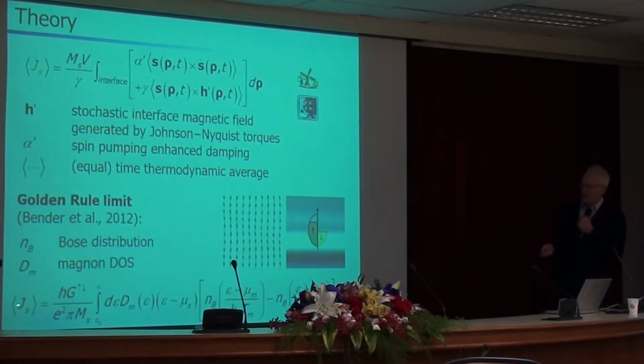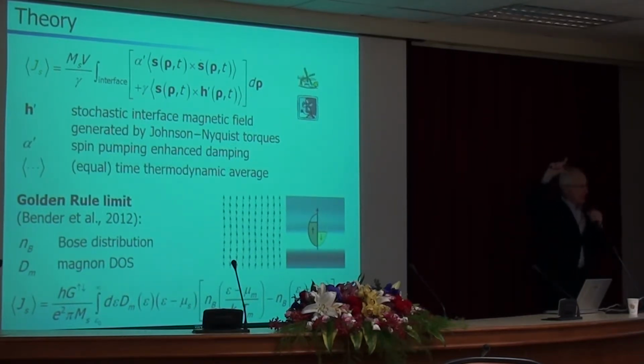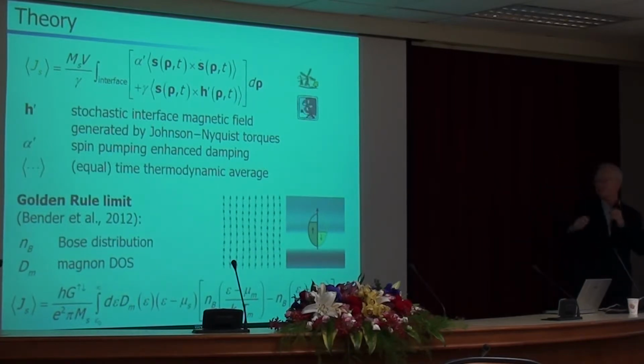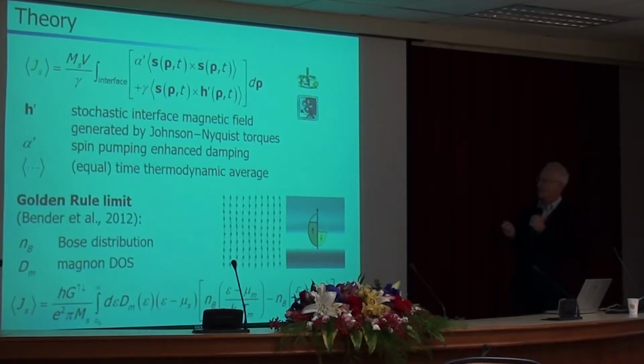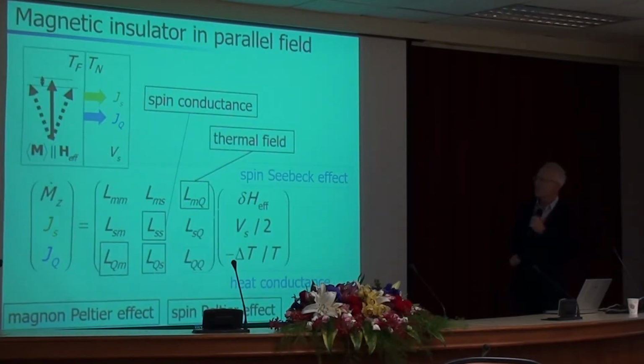Now this one here is the spin current, the same spin current as here, and it is governed by the density of states of the magnons and the difference of the distribution functions of the magnons on one side and the spin polarized electron hole pairs on the other. So I guess this is all pretty established.